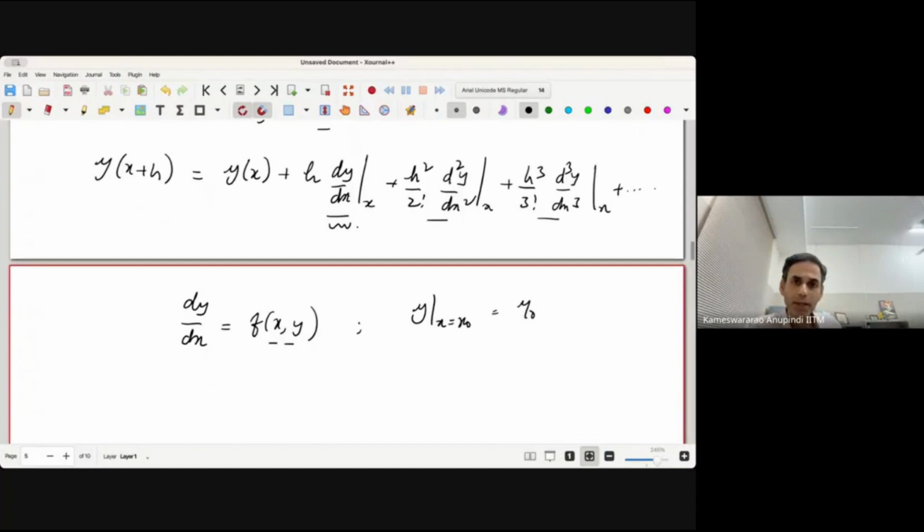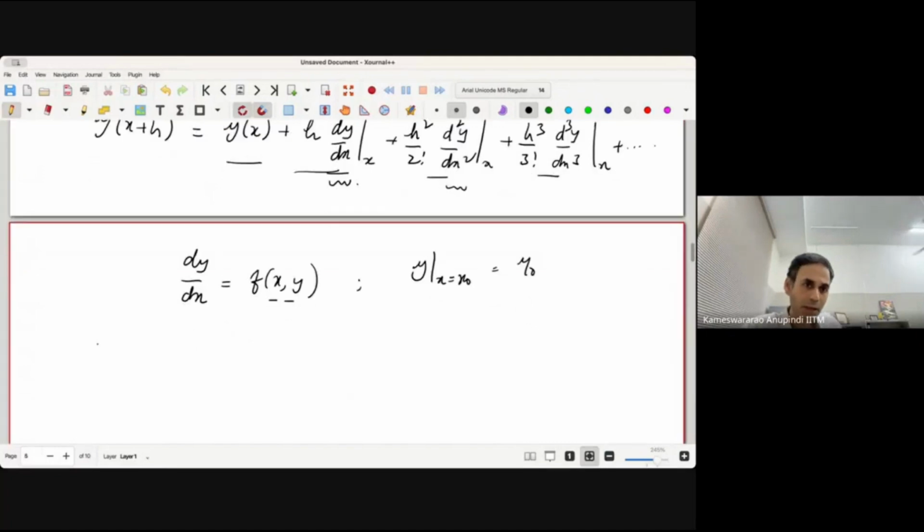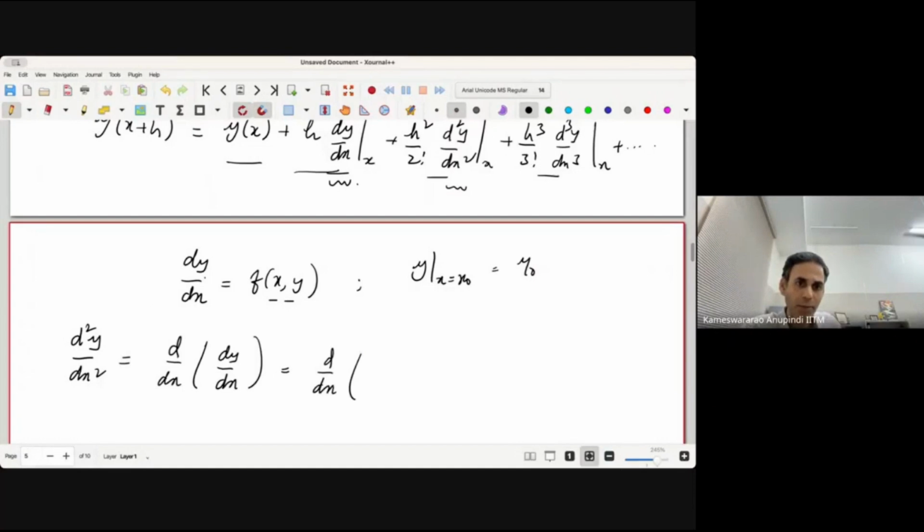Okay, so I can calculate this, but now how do I calculate d square y by dx square, right? So I can include this term, I know this term. How do I calculate the second term? That means I need to calculate what is d square y by dx square. This is nothing but d by dx of dy by dx. This is nothing but d by dx of, from the governing equation, we have dy by dx equals f of xy. So this is nothing but f of x comma y.